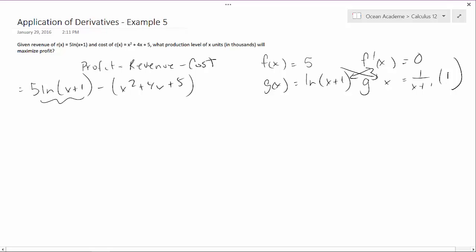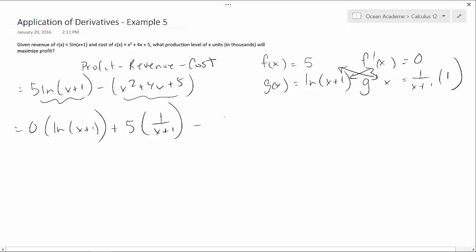Now this is a diagonal situation, so starting with 0, we've got 0 times our log(x plus 1), plus 5 times 1 over x plus 1. Then we need to take into account our second part.